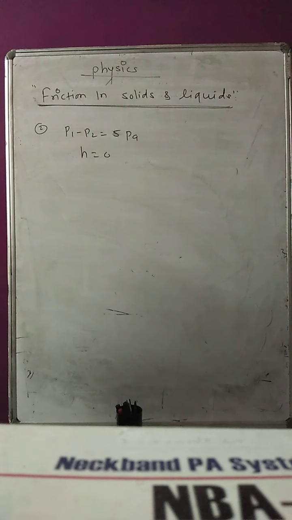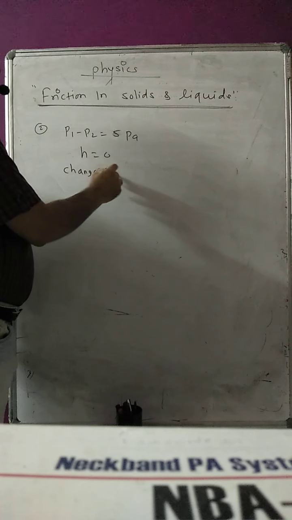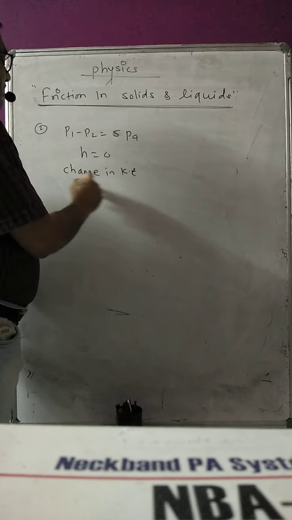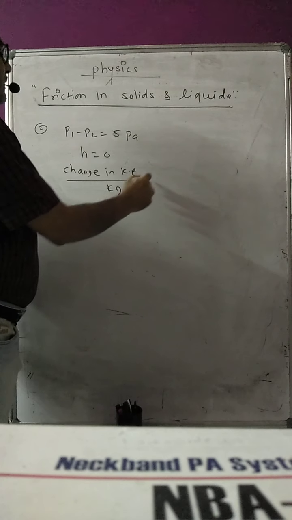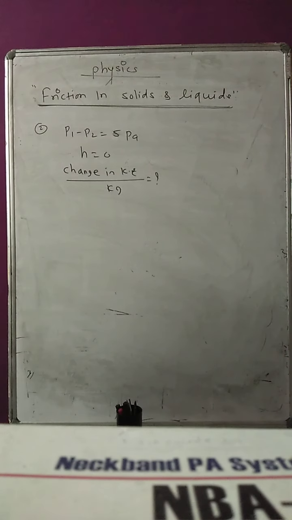And then next, what is the change in kinetic energy per kg? What you want to find out? Change in kinetic energy per kg of the oil flowing at these points.